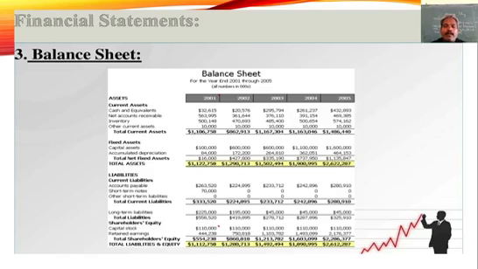Then followed by liabilities. First current liabilities: accounts payable, short-term notes, other short-term liabilities. Adding these three items, we get total current liabilities. Then followed by long-term liabilities, for example debentures or loans from a bank for more than 1 year. After adding the current liabilities and the long-term liabilities, we get total liabilities, followed by shareholders' equity or shareholders' funds.